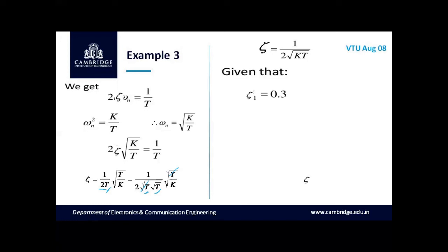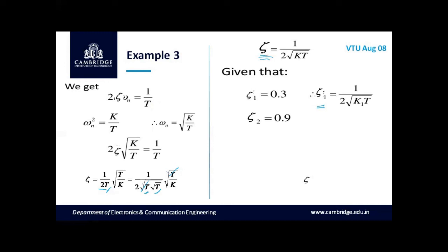Given that zeta 1 is equal to 0.3, from this expression I can represent zeta 1 as 1 by 2 into square root of K1T. It is also given that zeta 2 is equal to 0.9, that is the damping ratio is increasing from 0.3 to 0.9.